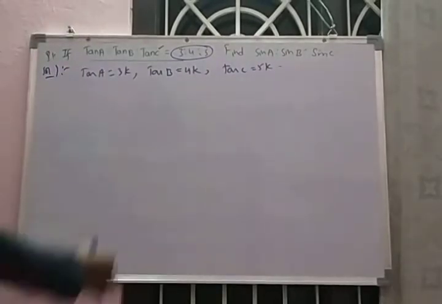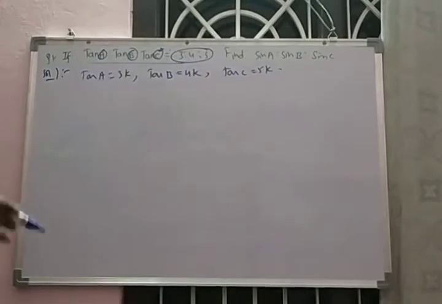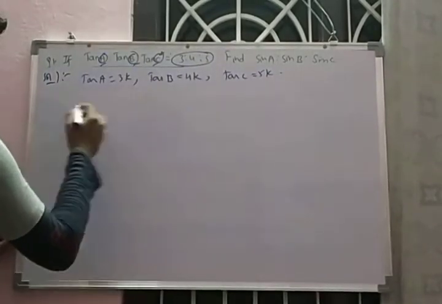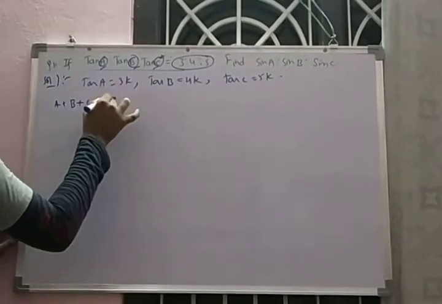So generally here A, B, C three angles are given. Then definitely these three angles are angles of a triangle. So in triangle A plus B plus C is equal to 180 degrees.